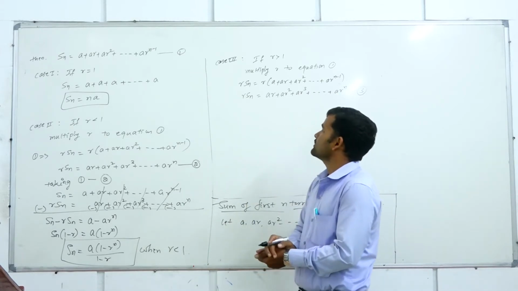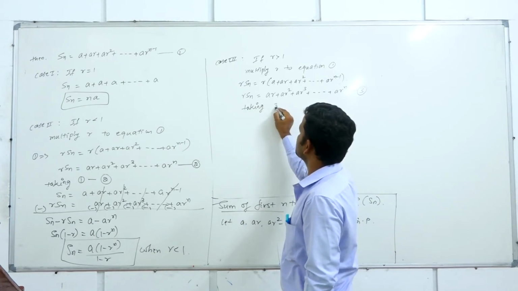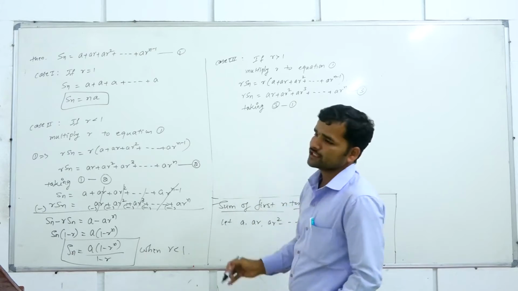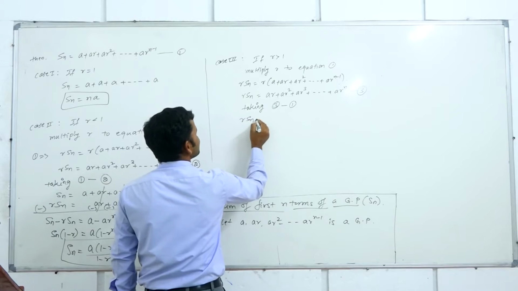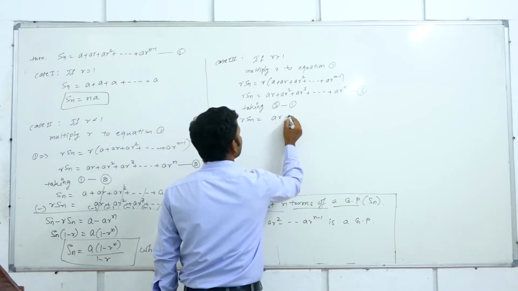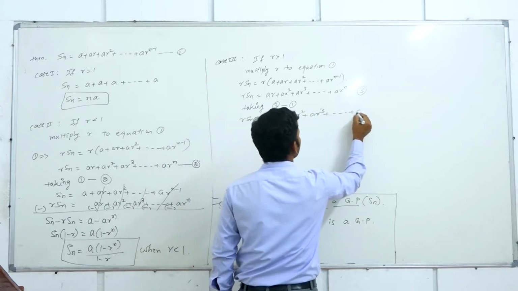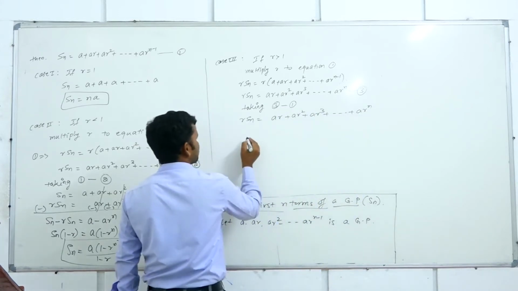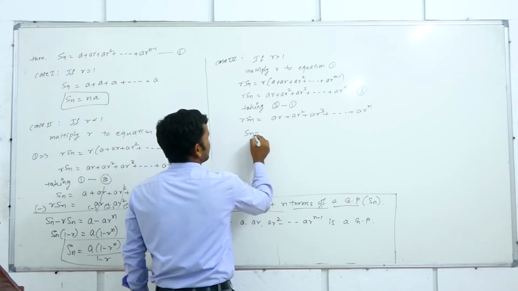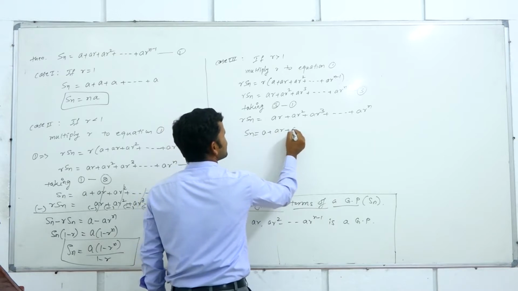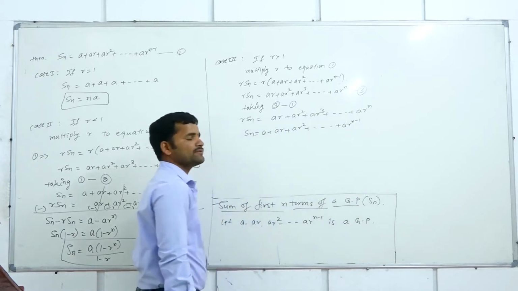To get the formula, what you do? Take the operation, equation 3 minus equation 1. Equation 3 is r into Sn is equal to ar plus ar square plus ar cube, so on up to a into r to the power of n. And the first equation is Sn is equal to a plus ar square, so on up to a into r to the power of n minus 1.